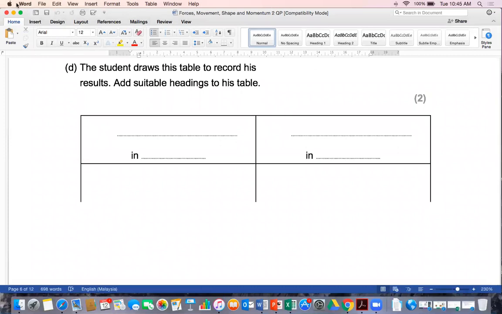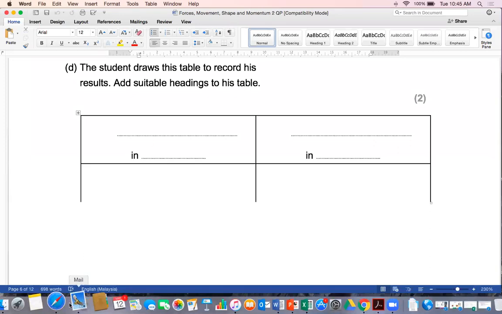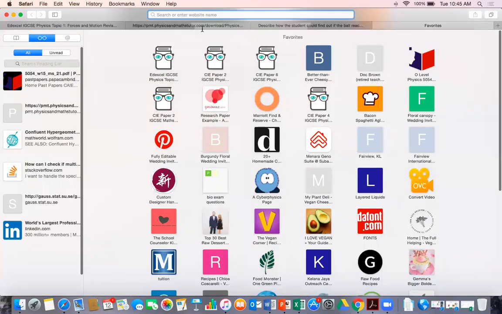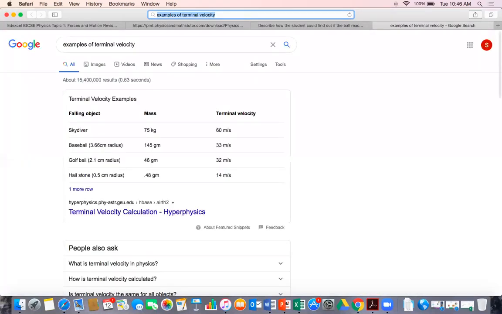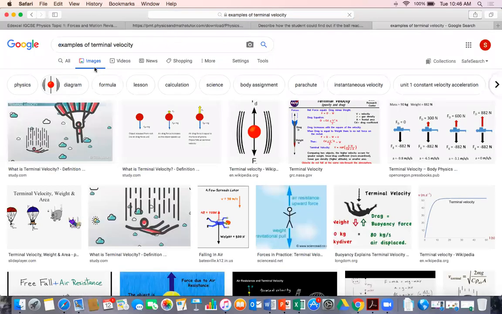Can you still see my screen? Can you see me typing? Yes, teacher. So you go examples of terminal velocity. You can look at images as well, and then you can see so many examples.